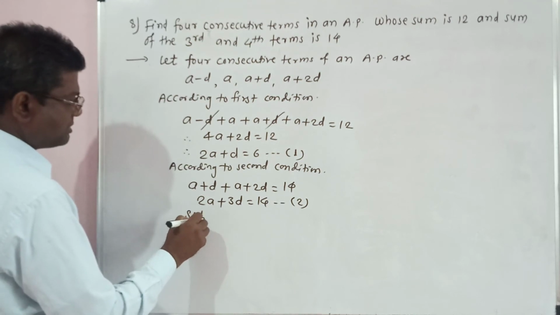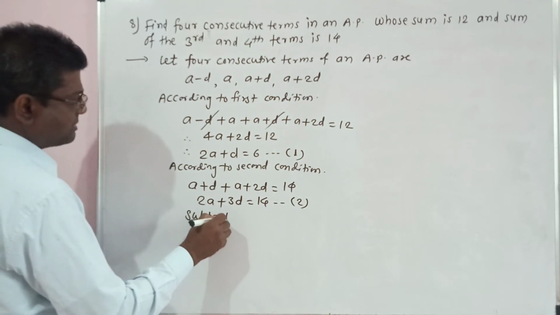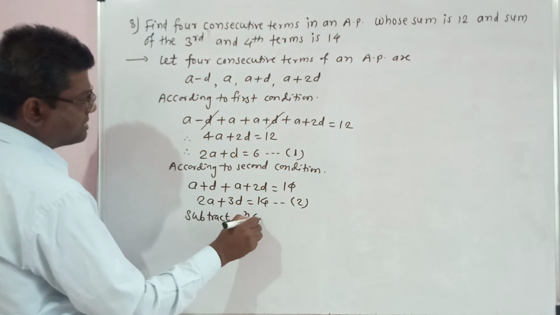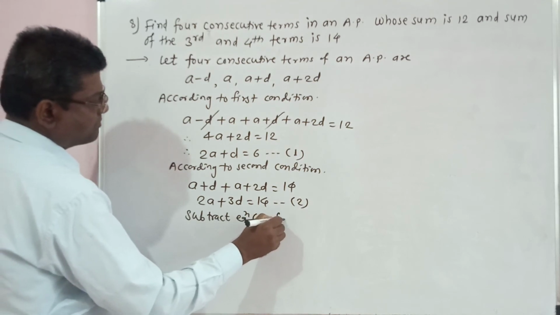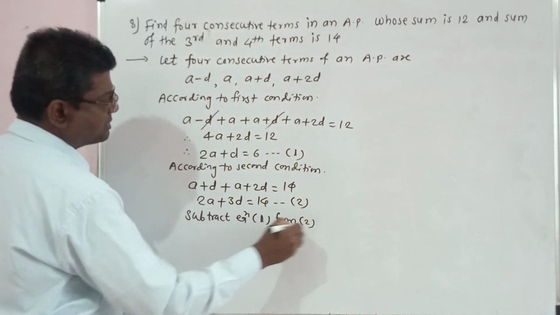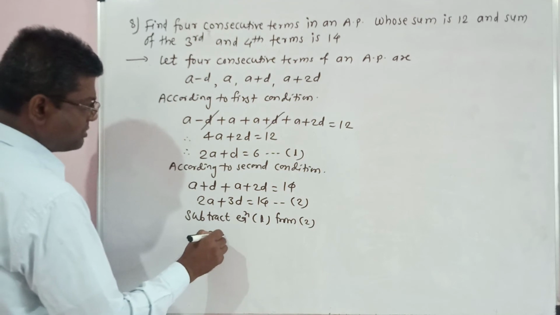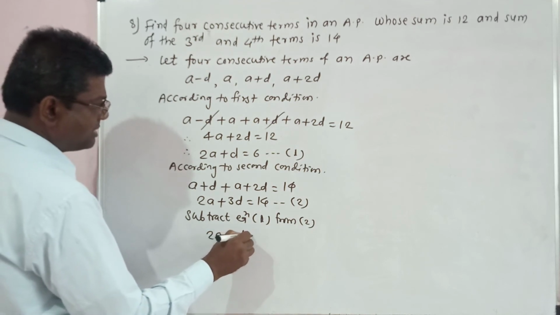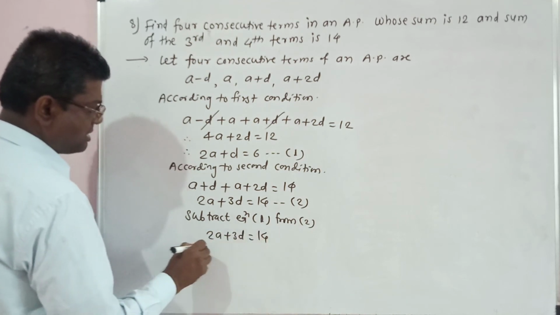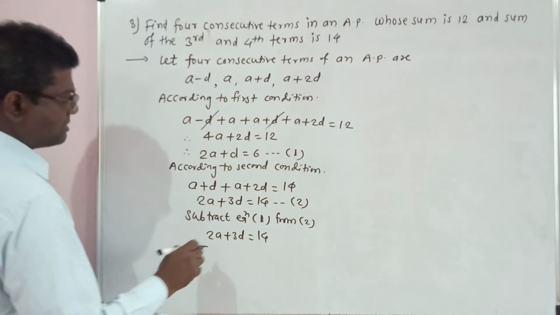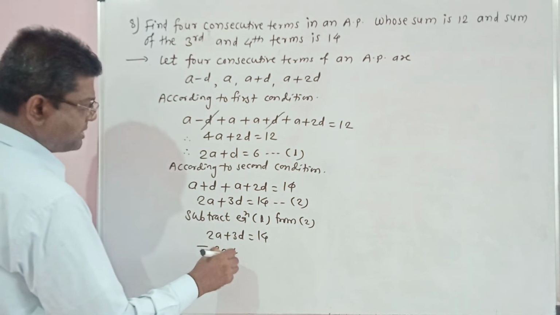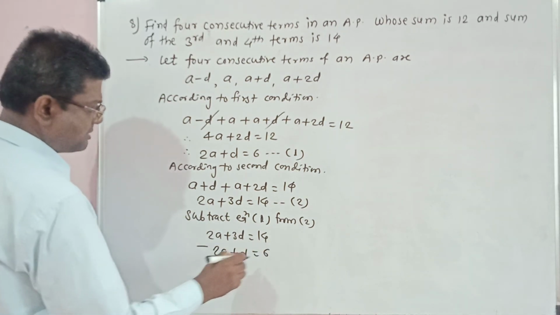Now subtract equation 1 from 2. Equation 2 is 2A plus 3D is equal to 14. And equation 1 is 2A plus D is equal to 6.